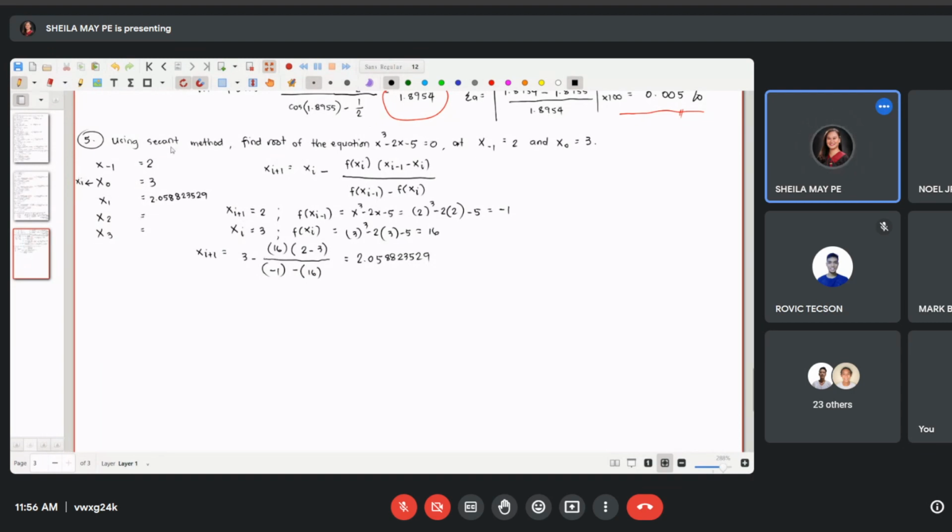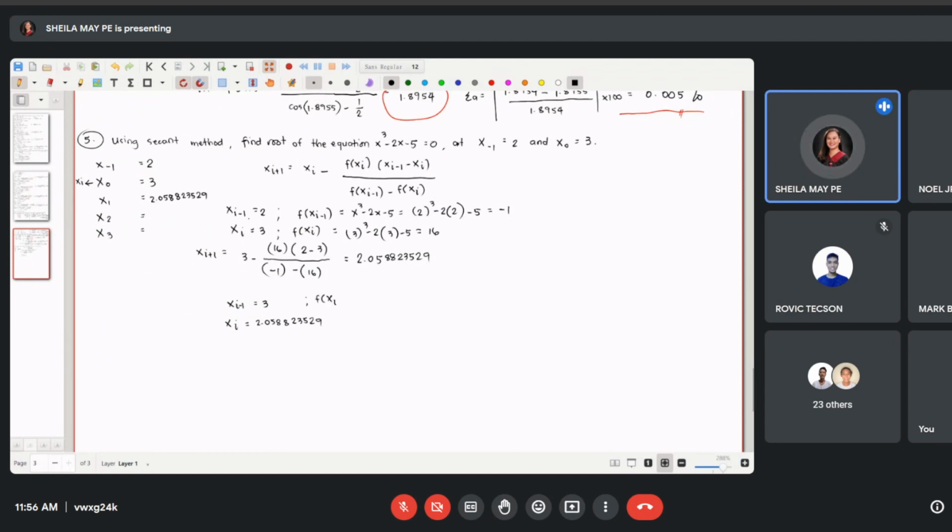Now in here, x sub i minus 1 is 3. Our x sub i is 2.058823529.